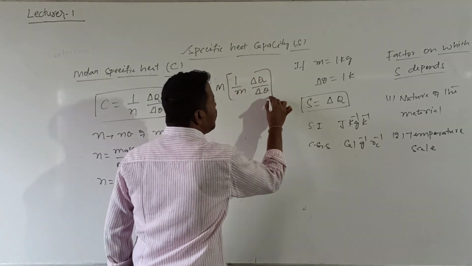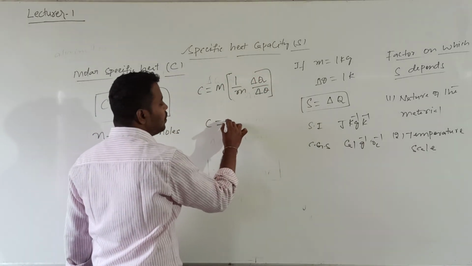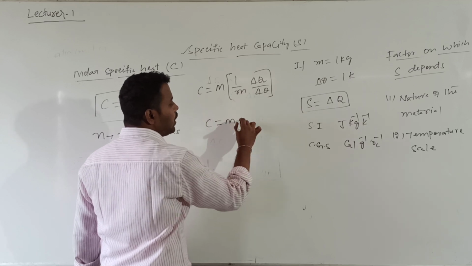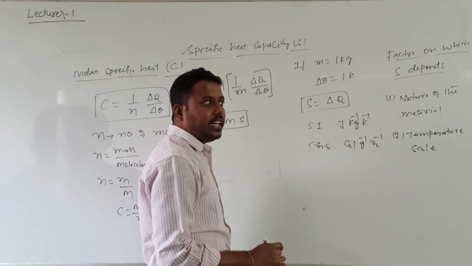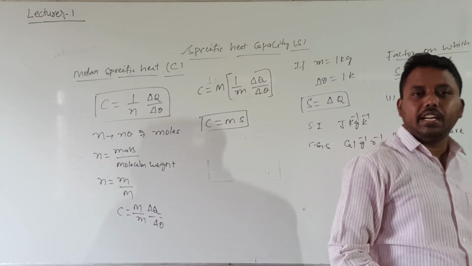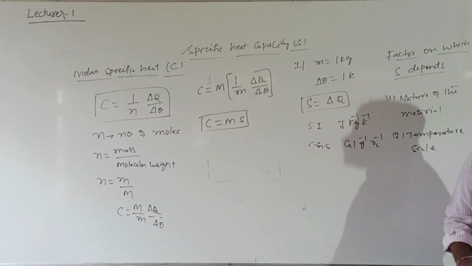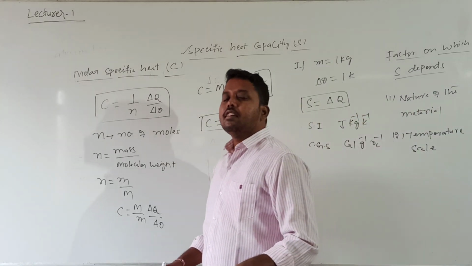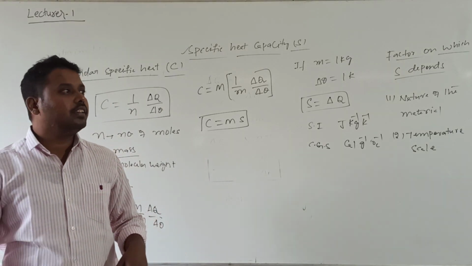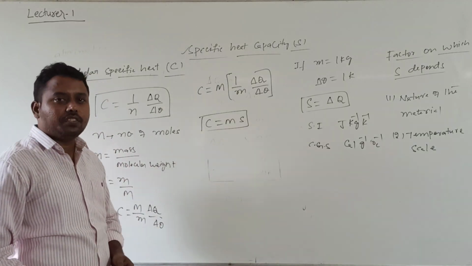And 1 by small m into delta Q by delta theta is S. So this is the relation between specific heat and molar specific heat: specific heat multiplied by the molecular weight gives the molar specific heat.